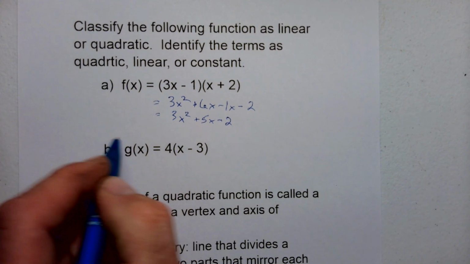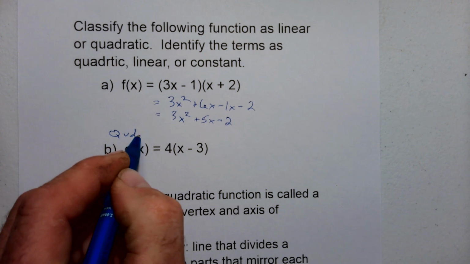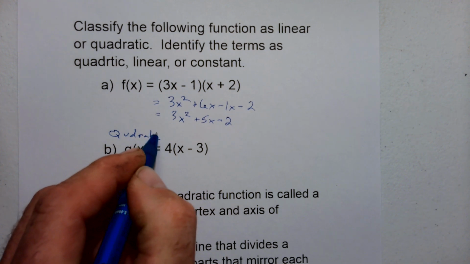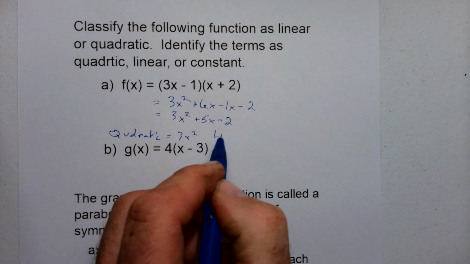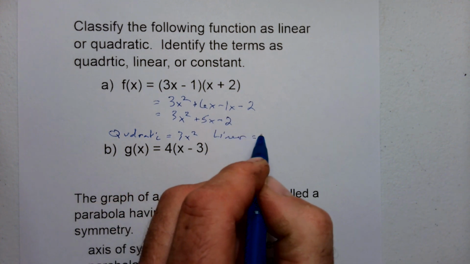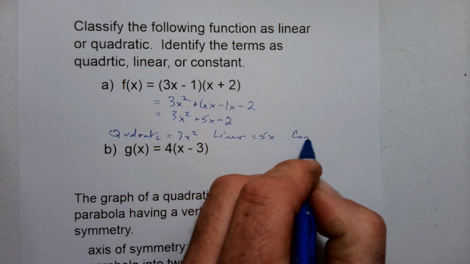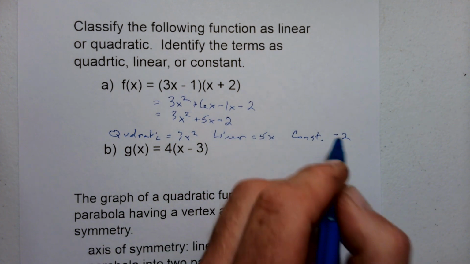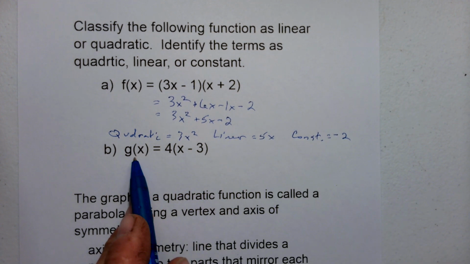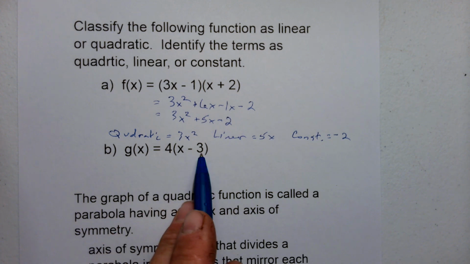Our quadratic term is 3x squared. Our linear term is 5x, and our constant is going to be the negative 2. In g of x, we have 4 times the quantity x minus 3.